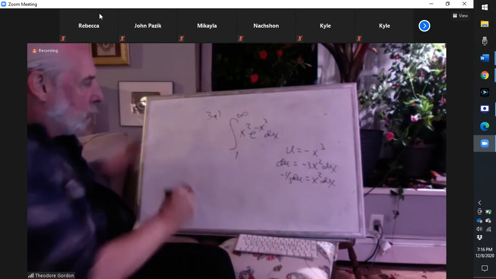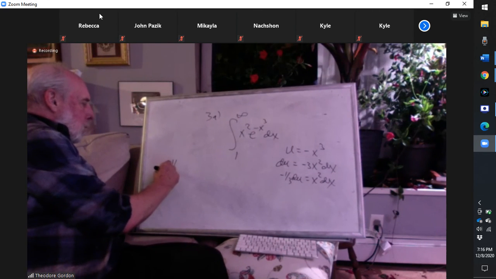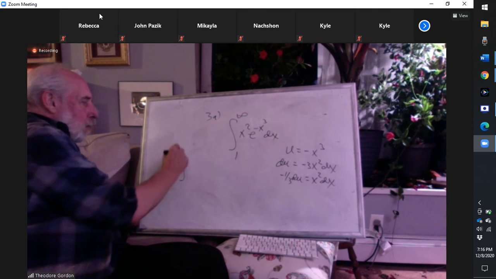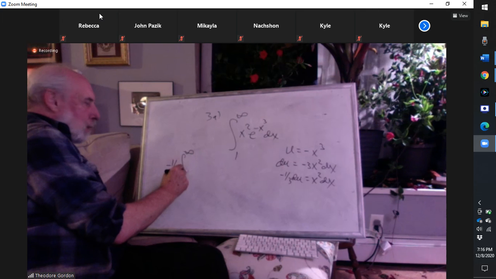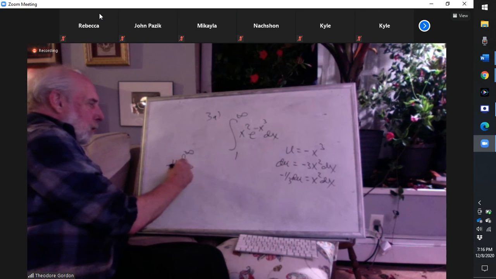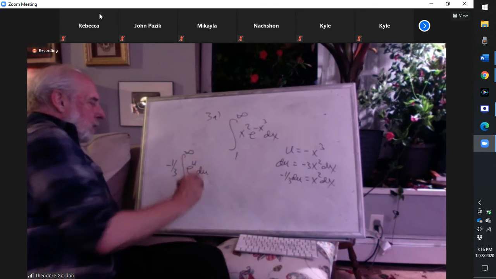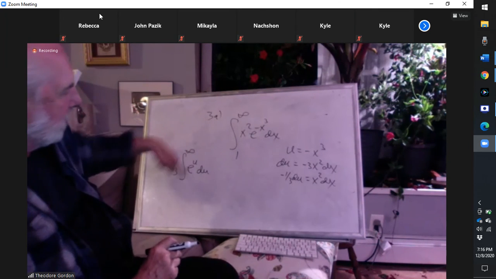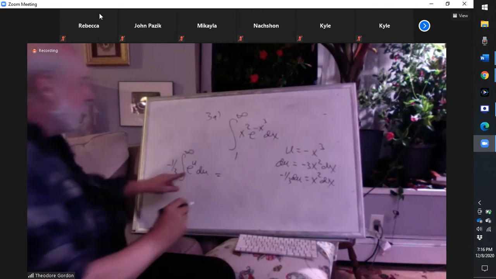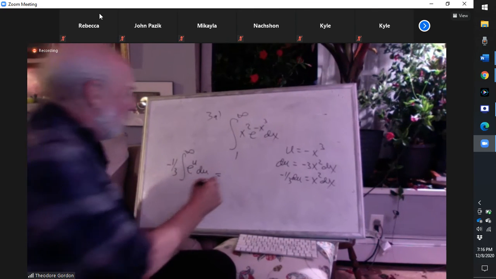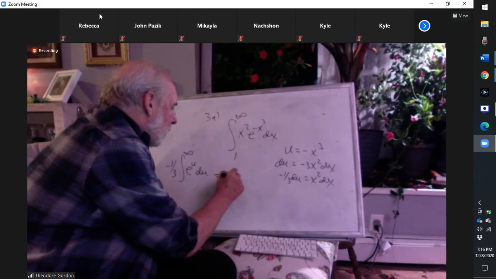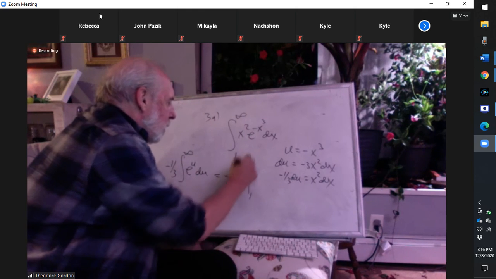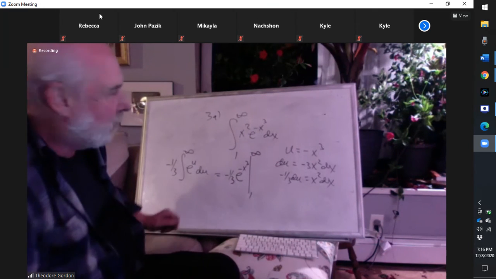So our integral now becomes negative 1/3 of the integral to infinity of e to the u du. So this integral becomes this, and the integral of e to the u is just e to the u. So we get negative 1/3 e to the negative x cubed, and we're going from 1 to infinity. Okay, so far?